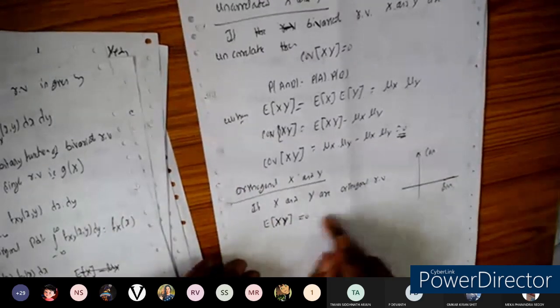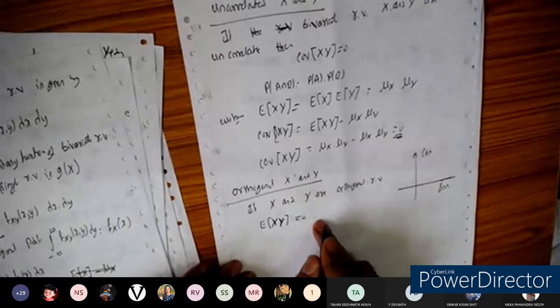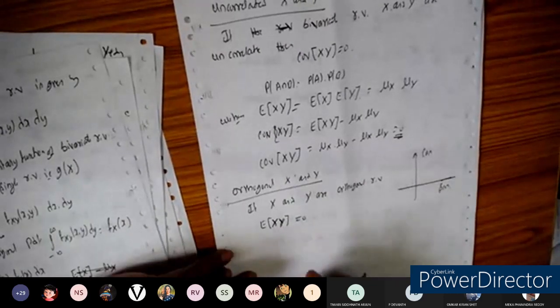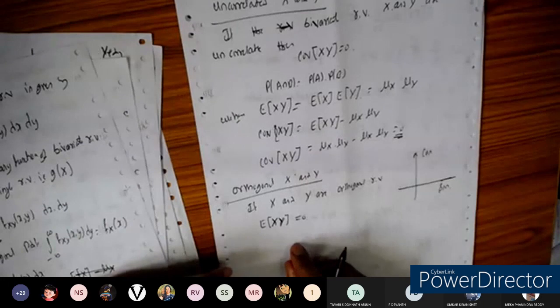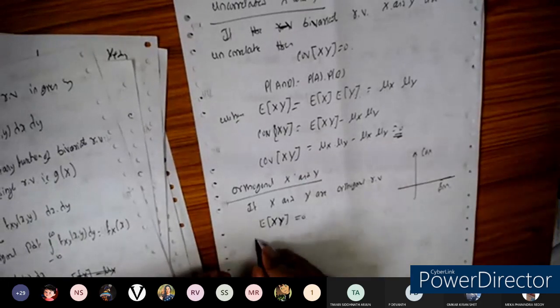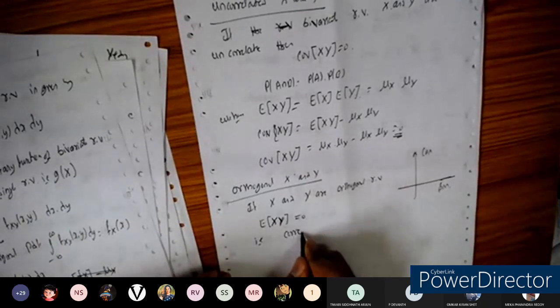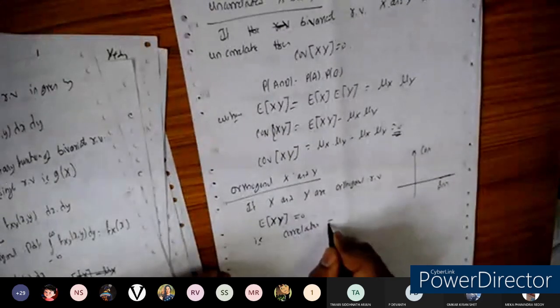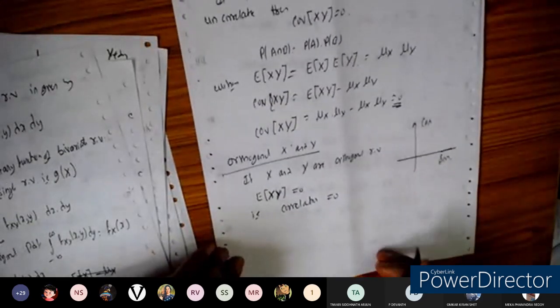That is, the correlation will be equal to 0.